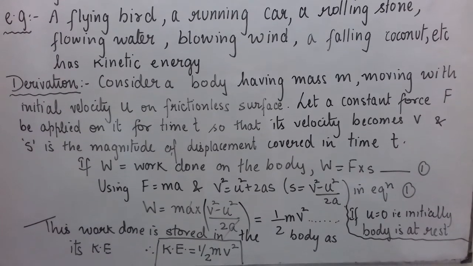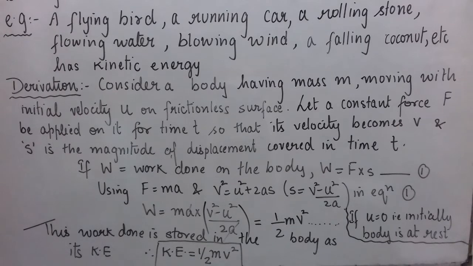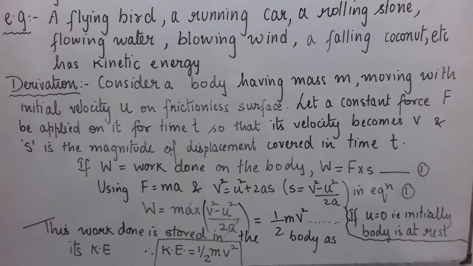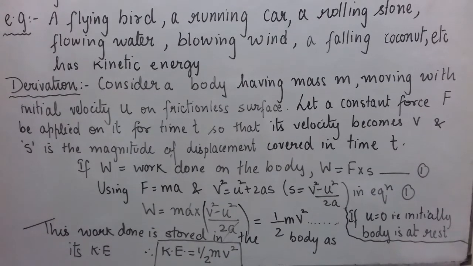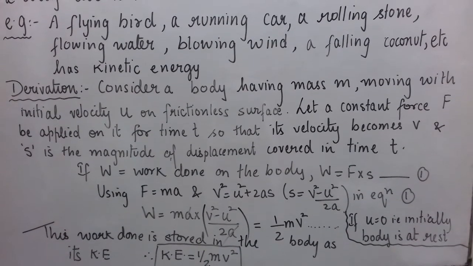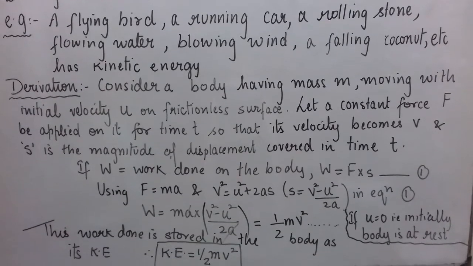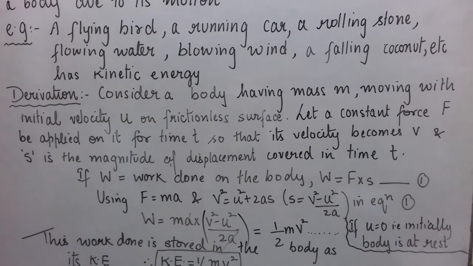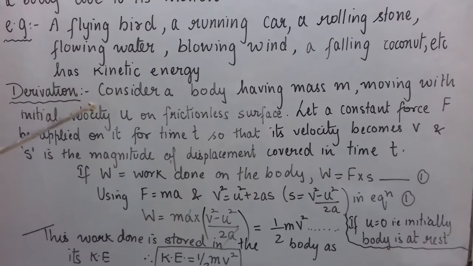So in this case, when the body is having zero gravitational potential energy and it is moving on the ground only, we can consider work done on the body is equal to change in its mechanical energy, that is change in its kinetic energy. So if I ask you to prove the work energy theorem, you will follow the same method.